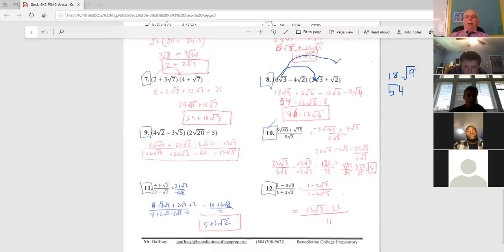This next one is 6 radical 3 times radical 2. So that equates to 6 radical 6, right? I can't simplify that any more than what it already is at the moment. Now I've got to distribute this.